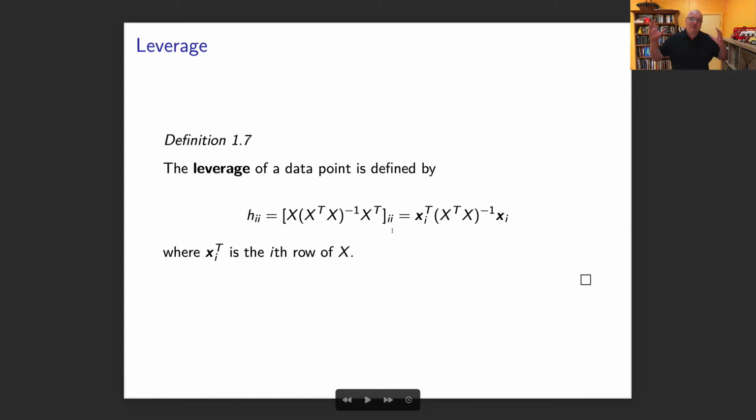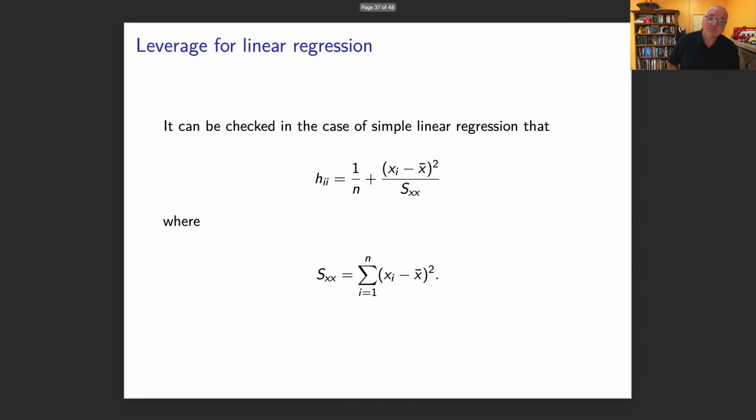Basically you create this leverage matrix and look along the diagonal at those points. For the case of linear regression, you can do the actual calculations: h_i equals 1 over n plus (x_i minus x bar) squared over S_xx. So the leverage is all about how far you are away from the mean of all the other points for that predictor, where S_xx is the usual sum of squares.